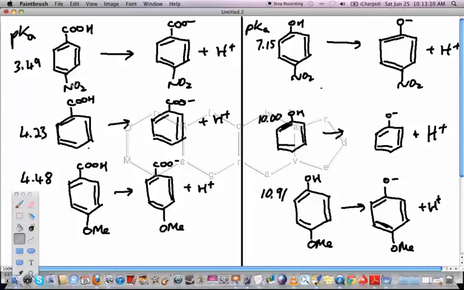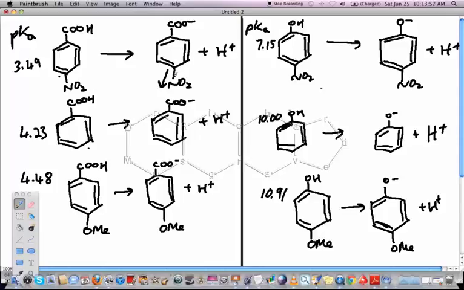Now what I've done is I've thrown a nitro group onto the ring. Now what we know about nitro groups is that they are deactivating, and being deactivating, what they will do is they will suck electron density out of the ring. And if they do that, then they can stabilize any negative charge we get up here. So pulling electrons out of the ring makes the ring more positive, which stabilizes this negative charge better.